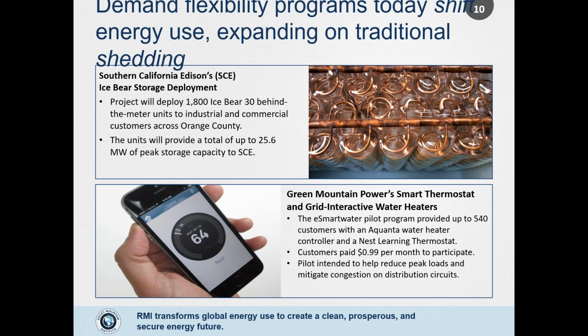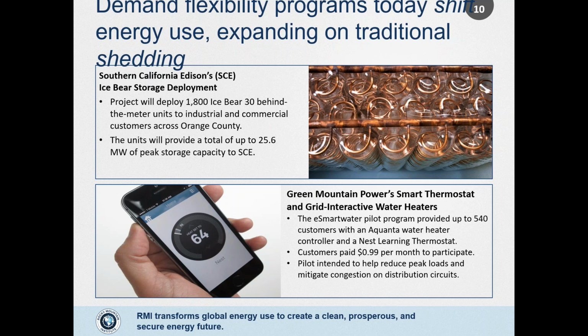Instead of focusing on curtailing energy use, demand flexibility actually shifts energy use while still maintaining the same level of daily electricity consumption. Here we have two different programs. One is using ice bear storage, and one is using grid interactive water heaters.